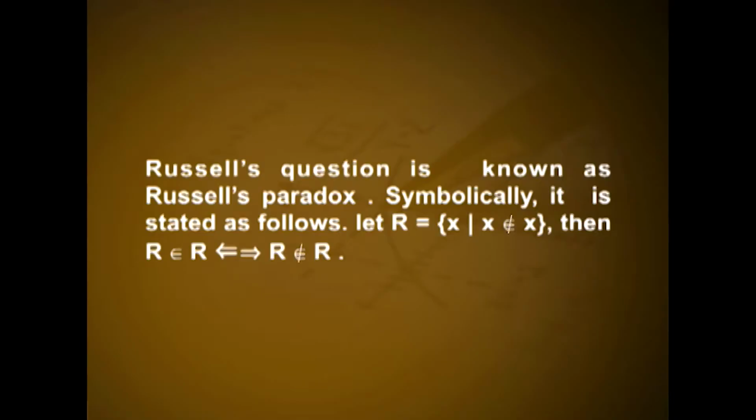Russell's question is now known as Russell's paradox. Symbolically, it is stated as follows. Let R equals the set of all x such that x is not an element of x. Then R belongs to R implies in both ways that R is not an element of R.